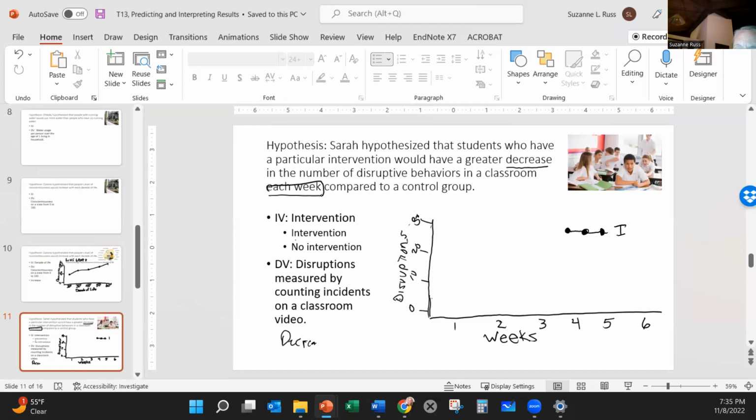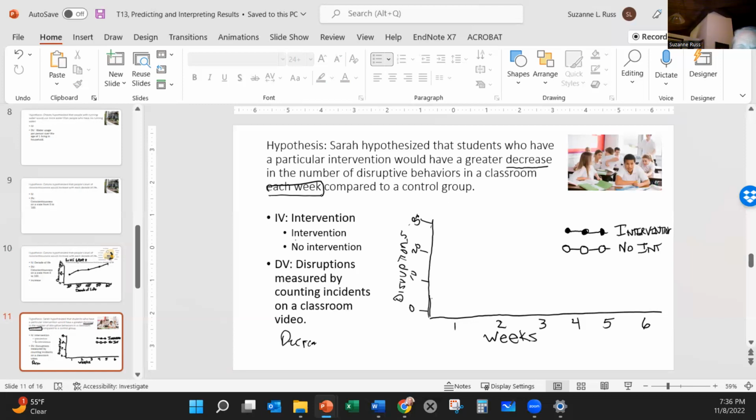And so this is going to be intervention. We ran out of space there. And let's say our other condition will be marked with open dots connected by lines. And this is going to be no intervention. And so let's go ahead and draw these.